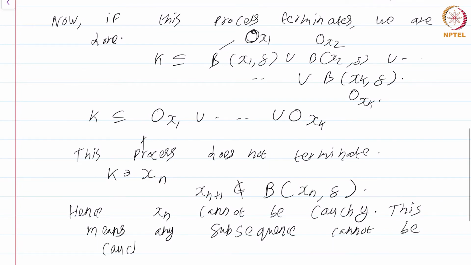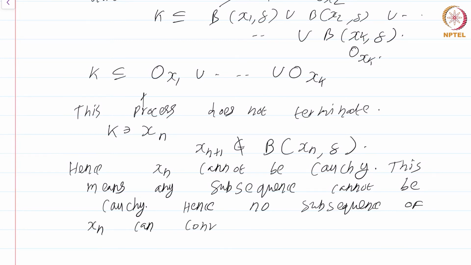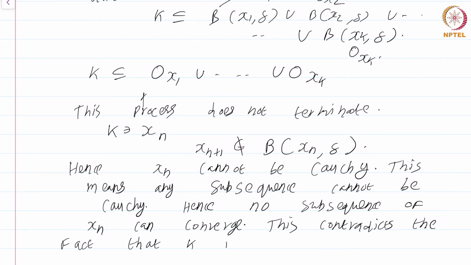Why is that the case? Well, it's because any given term of the sequence is at least delta distance away from all the prior terms. So the same argument will tell you that any subsequence also cannot be Cauchy. Hence, no subsequence of x_n can converge, which contradicts the fact that K is compact.